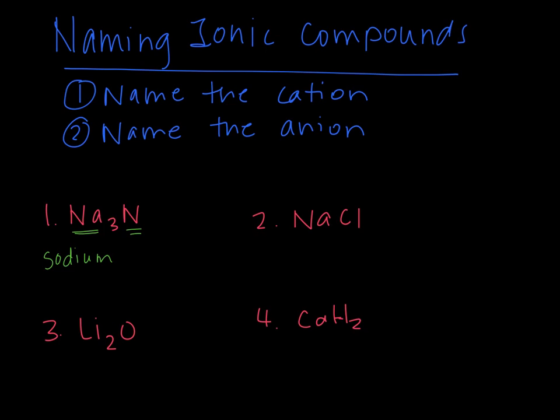It goes cation, then anion. You're just going to say nitride because it was nitrogen, but we changed the ending to "ide." All right, and then number 2, that's going to be sodium again. And then the ending, chlorine, becomes chloride.